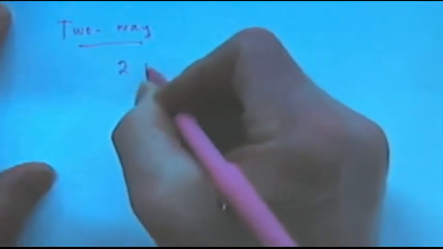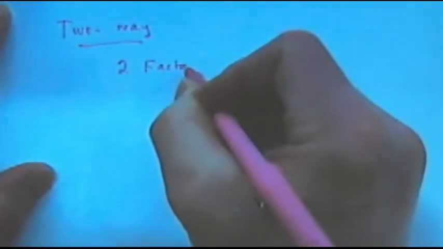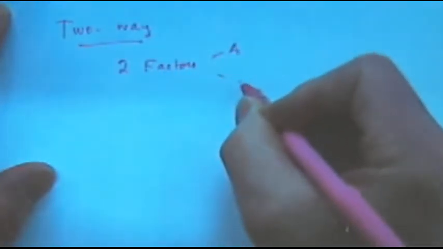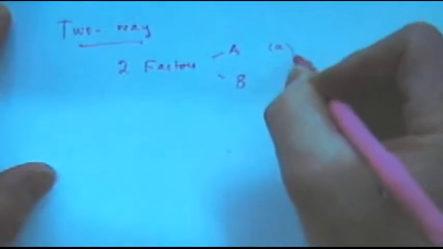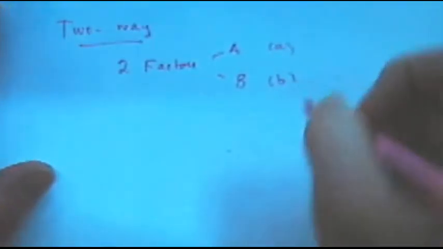Often you have more than one factor of interest, and then you set up a design where you cross the factors. You do what's called a crossed design. So now you have 2 factors, A and B, and this is at A levels, and this is at B levels.